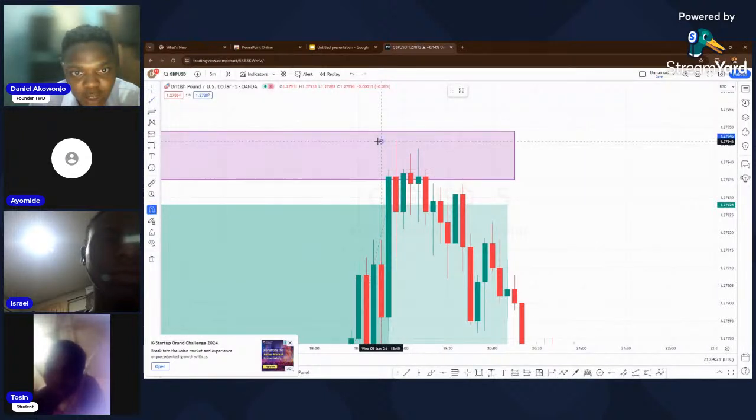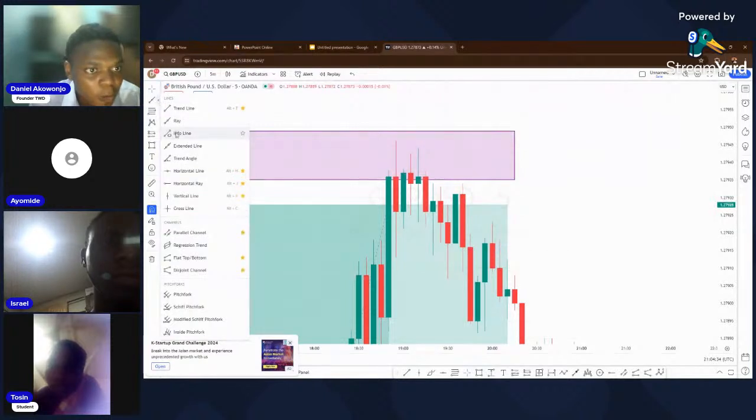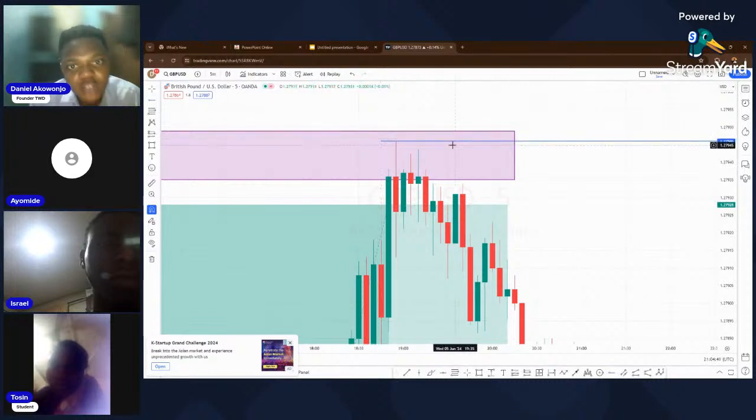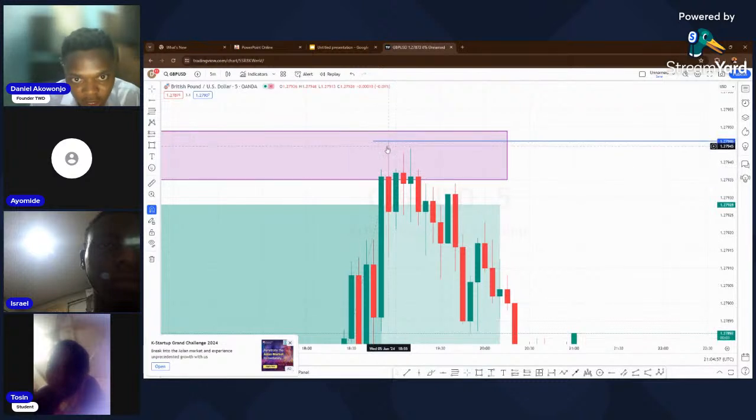I want to draw a line to this recent wick, the wick that this red candlestick gave. I'm on the 5 minute time frame now. Now I want to draw a line at this point.